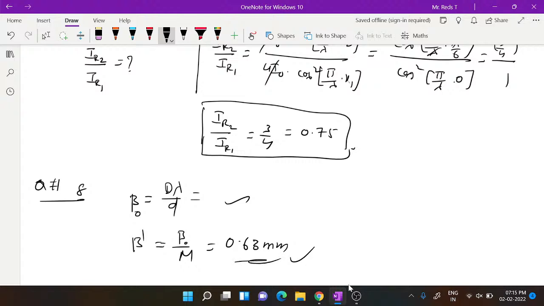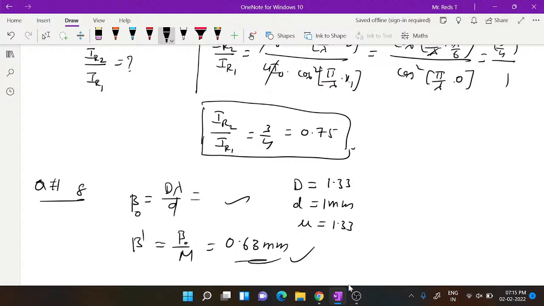All values are given here. The slit separation small d is 1 mm, and refractive index mu is given as 1.33, and the distance between the plane of the slits and screen is also 1.33. For easy calculation, you can use this: 1.33 gets cancelled out.